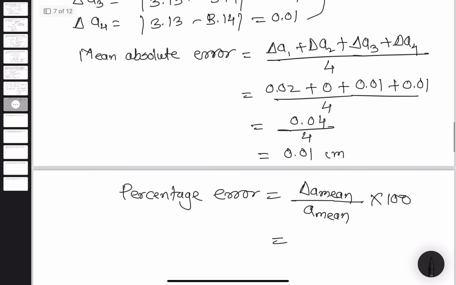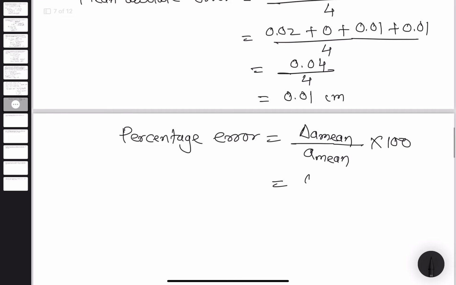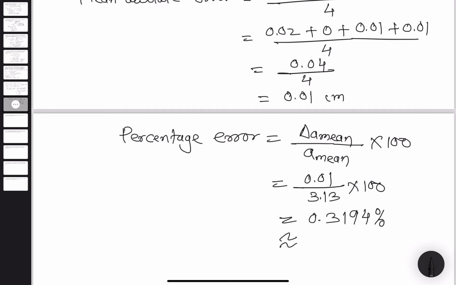So we have delta A mean is 0.01 and A mean is 3.13, into 100. If you calculate this, we will get 0.3194%. That will be approximately 0.32%. Thank you.